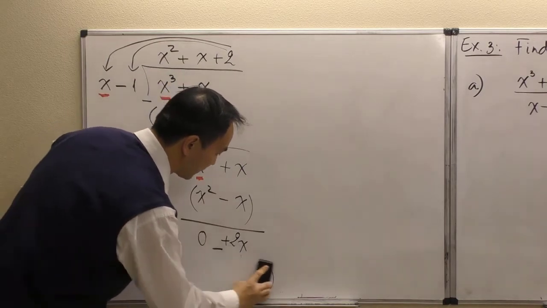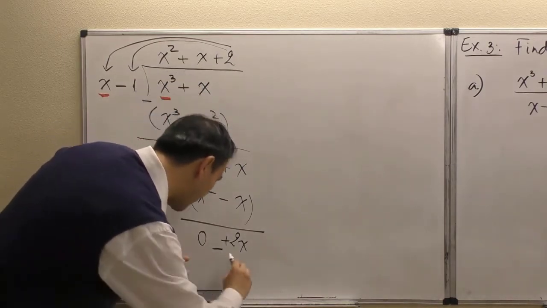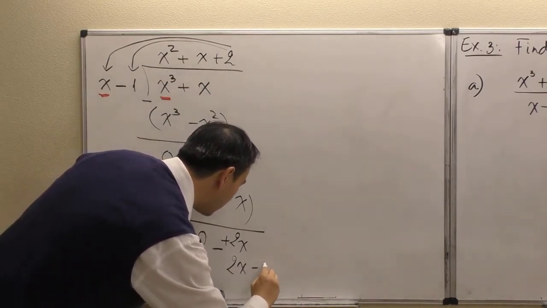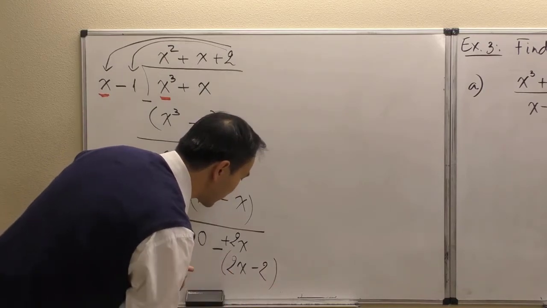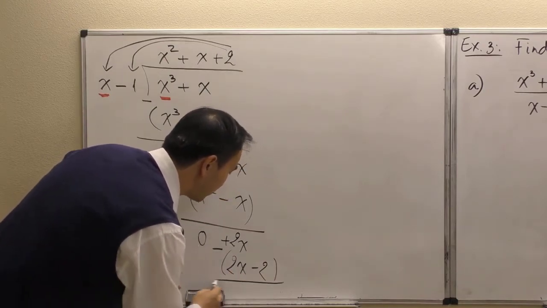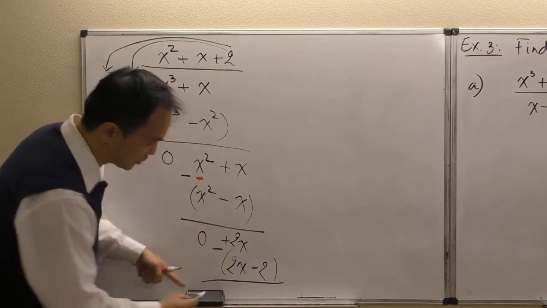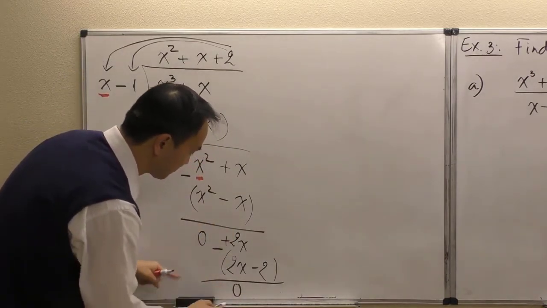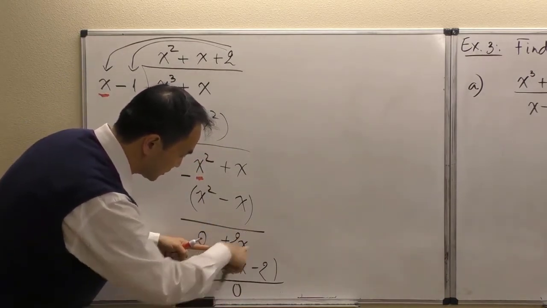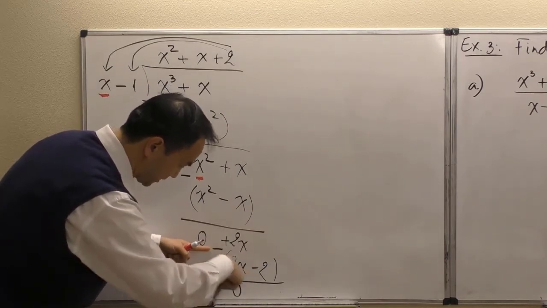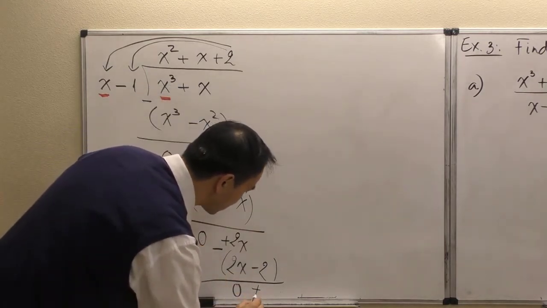Allow me to rewrite this because it looks a little too tight in space right there for me to write. So now when we subtract out, then we're looking at a final remainder. So 2x minus 2x, 0 out right here, but then 0 minus negative 2 gives me a positive 2.